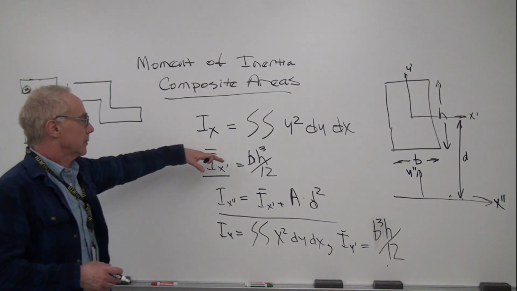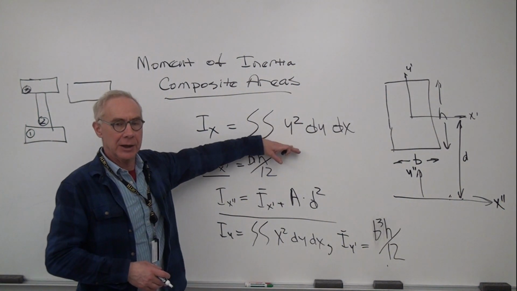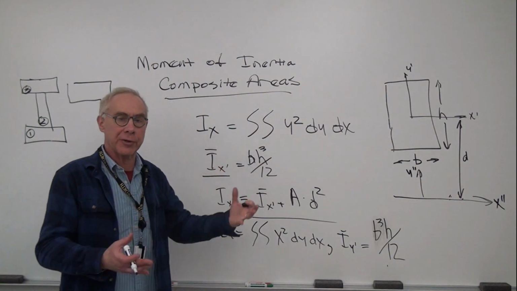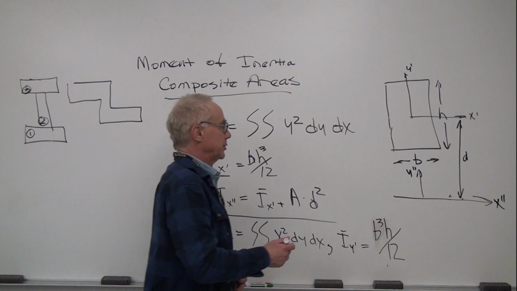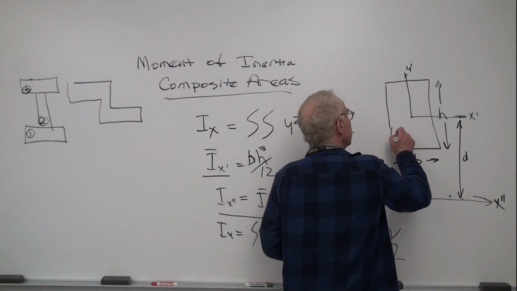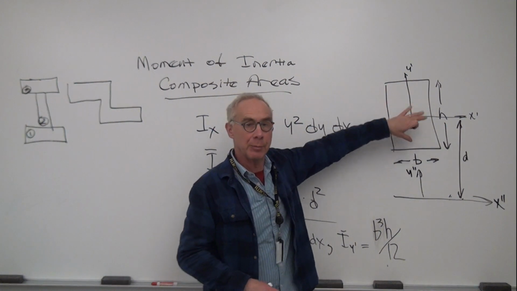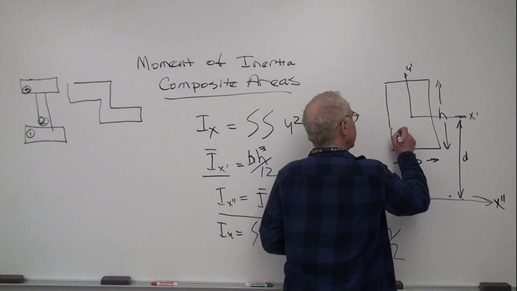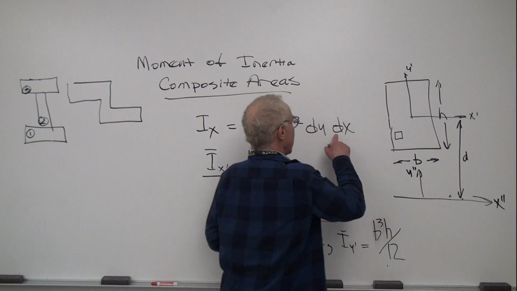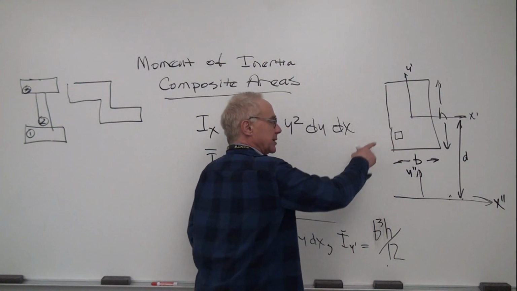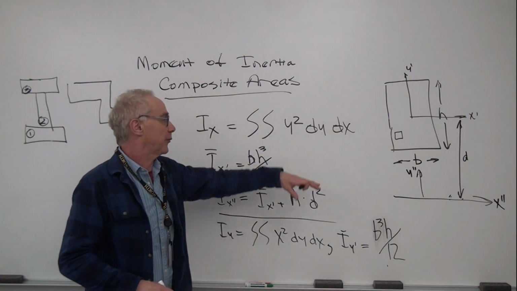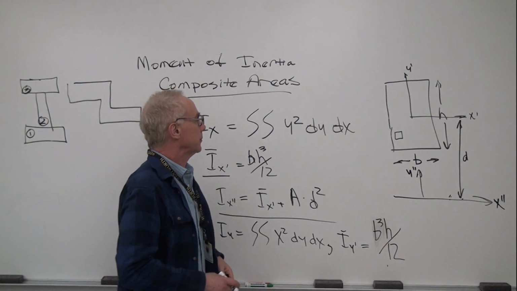And why is that the case? This is a simple integral. Remember, integrals are like summations. What we're doing is breaking our area, like in this case, a simple rectangle, into really itty-bitty units. These are basically like dx by dy, infinitesimal in dimension.